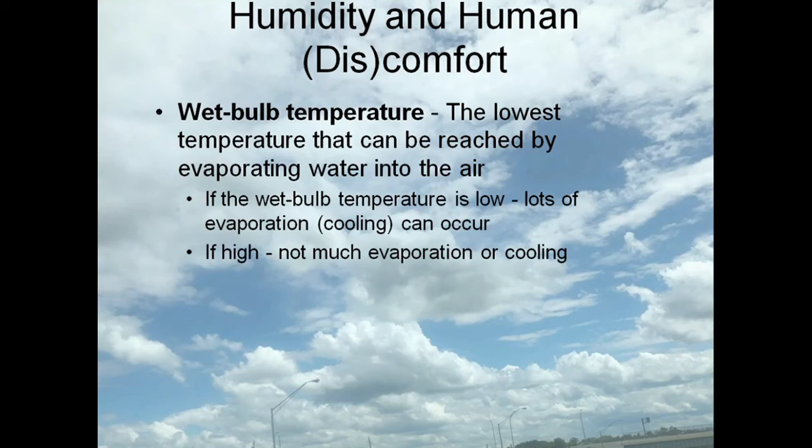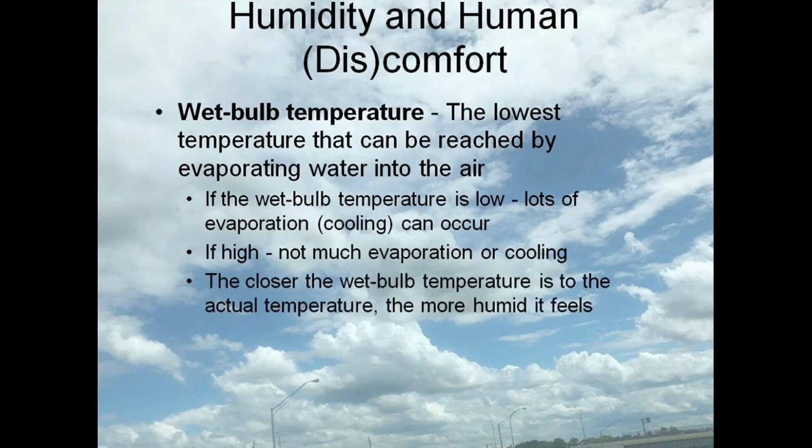The military uses the wet bulb temperature in an equation to determine their flag conditions: green flag, yellow flag, red flag, black flag. If it's a black flag condition, then you shouldn't be exercising at all. The closer the wet bulb temperature is to the actual temperature, the more humid it feels.